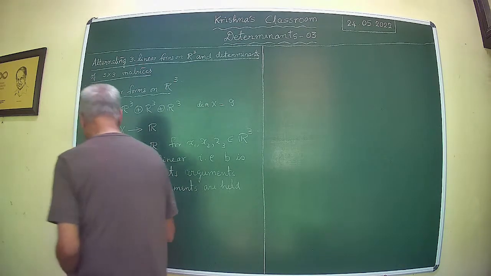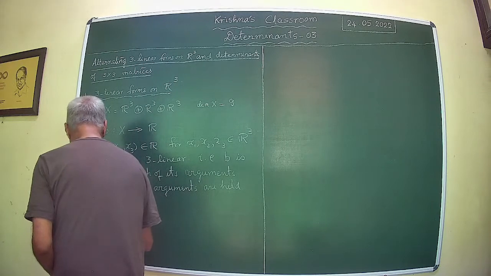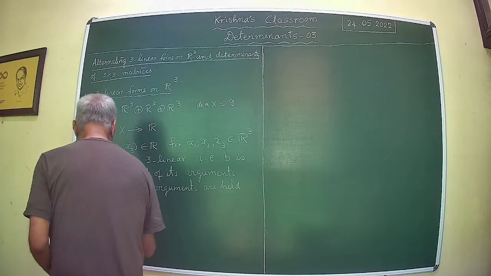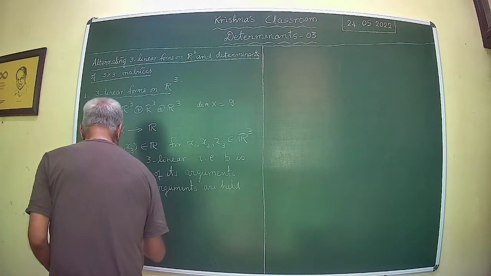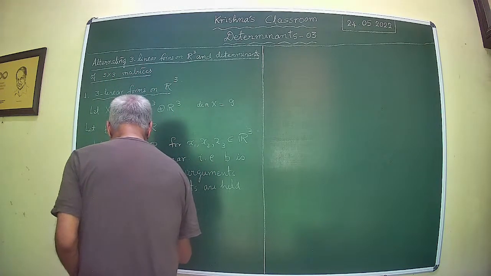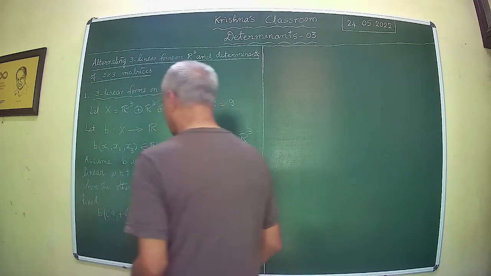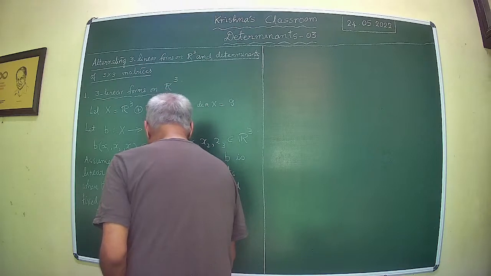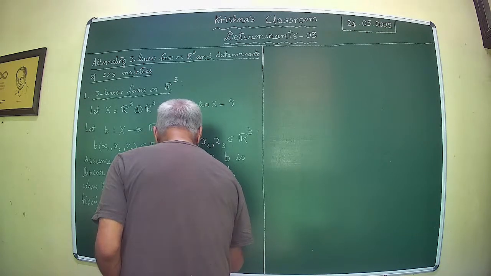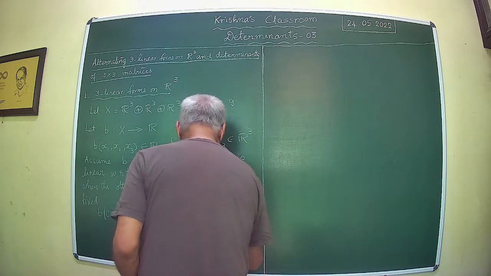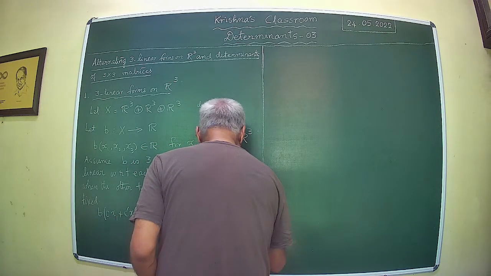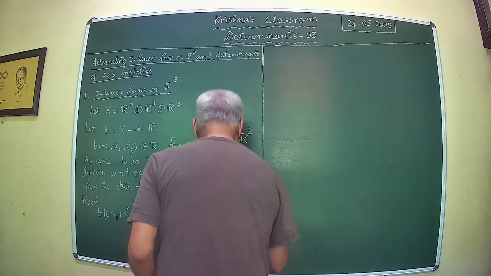That is, we have the following: B of Cx1 plus C prime x1 prime, x2, x3 is equal to C times B of x1, x2, x3 plus C prime times B of x1 prime, x2, x3.